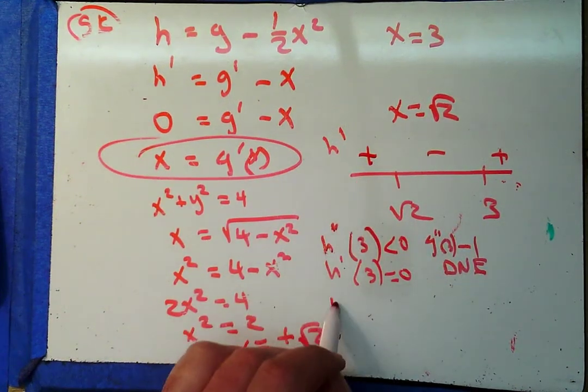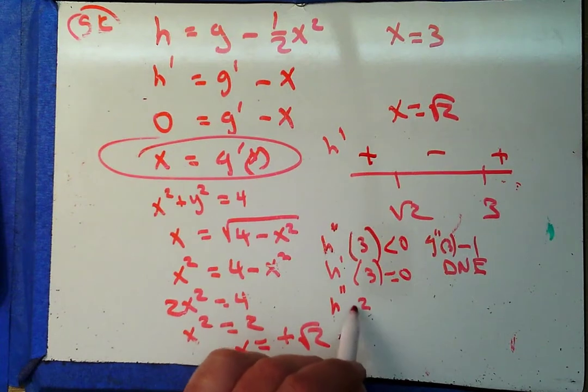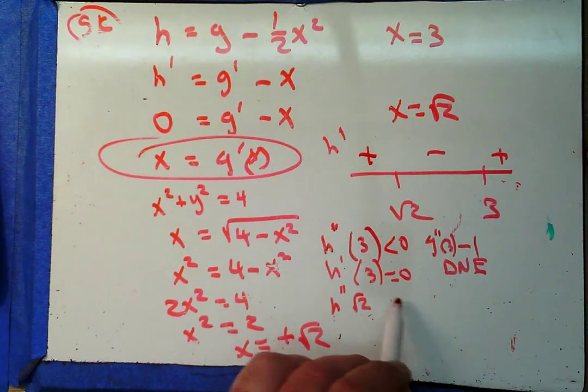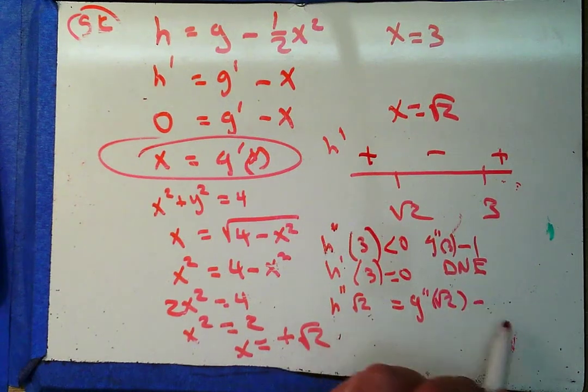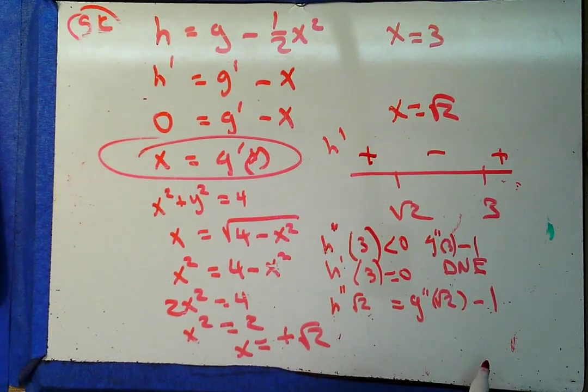But if I check h double prime at root 2, that's going to be g double prime at root 2 minus 1. G double prime at root 2 was root 2, right? Because the x and y, oh no, that was g prime. G double prime at root 2.